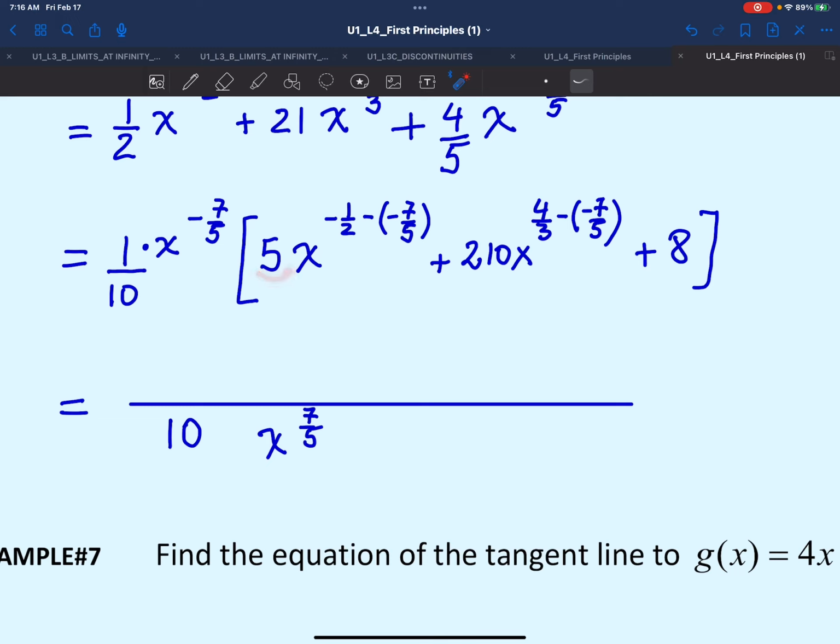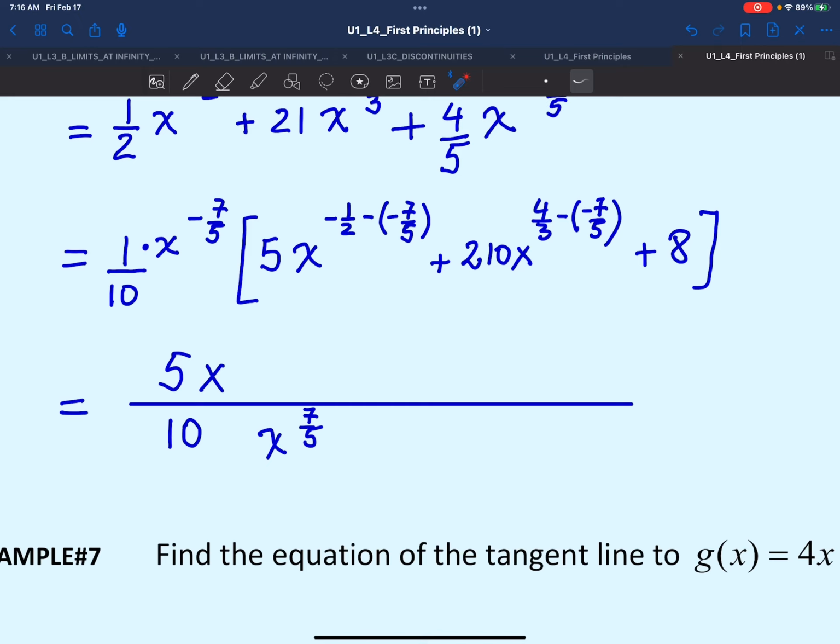We have a 5, we have x, so negative half minus negative 7 over 5, that means negative half plus 7 over 5. Or should we say, if we want to get the same denominator, we need to make this about 10. And you can use the calculator to evaluate this a little bit more quickly.